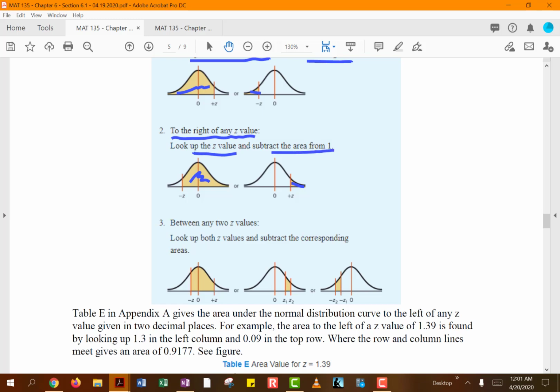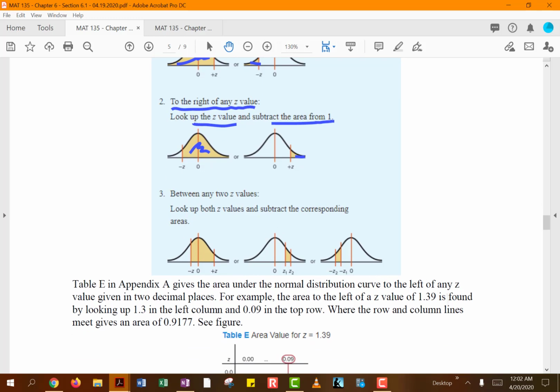Why 1? Because remember, your entire normal distribution curve is 100%, which is 1 as a decimal number. So if you're trying to find the area of the shaded portion to the right of your z-score, you have to subtract it from 1.